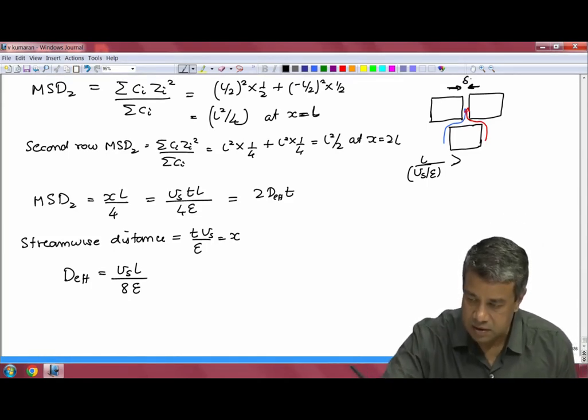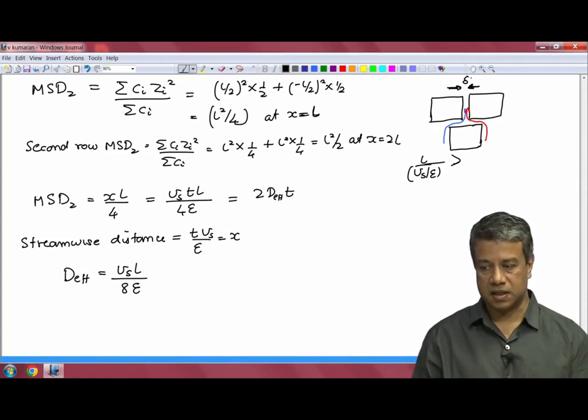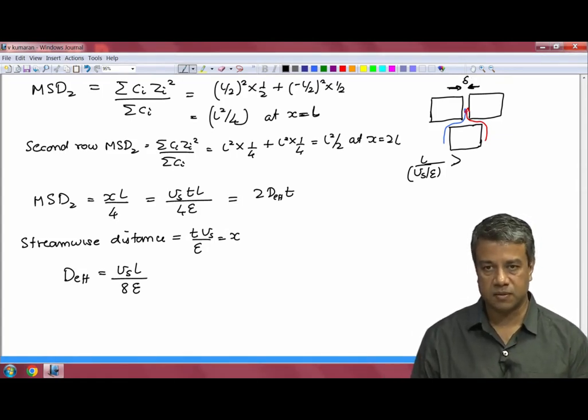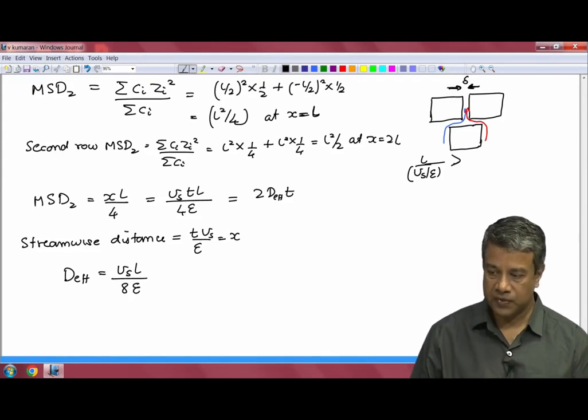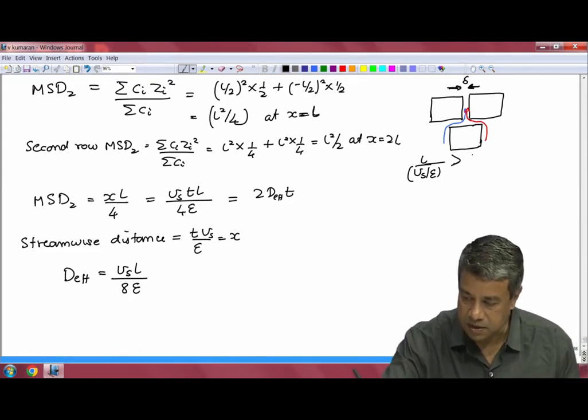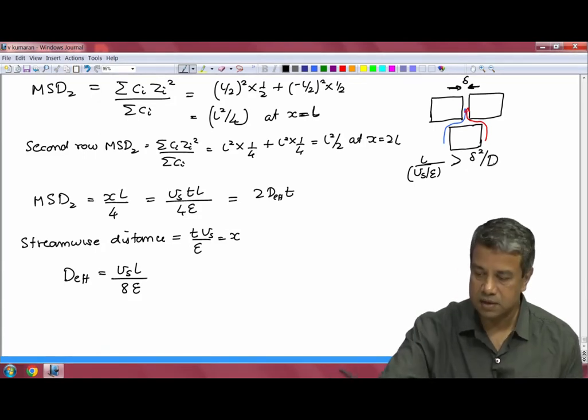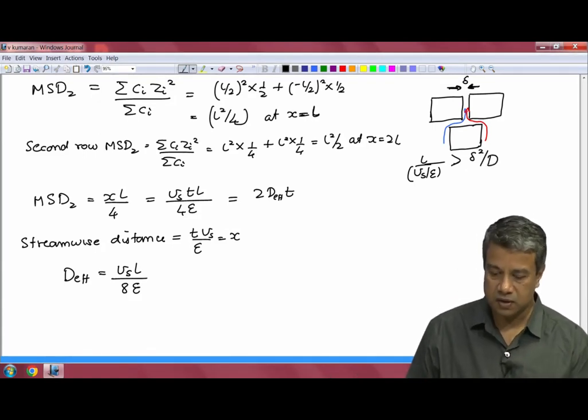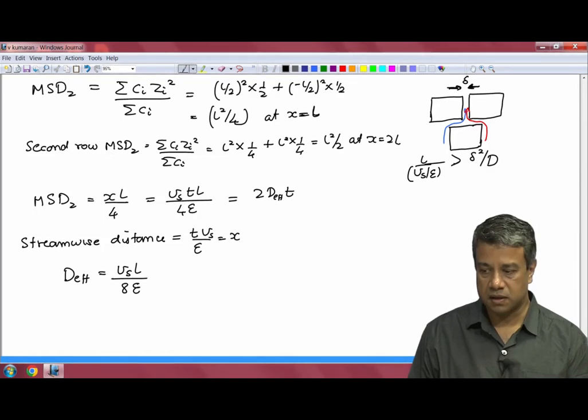I will call this distance between obstacles delta. If I call the distance between obstacles delta, then this time has to be much larger than the time for diffusion across the length delta, which is delta square by the molecular diffusion coefficient.